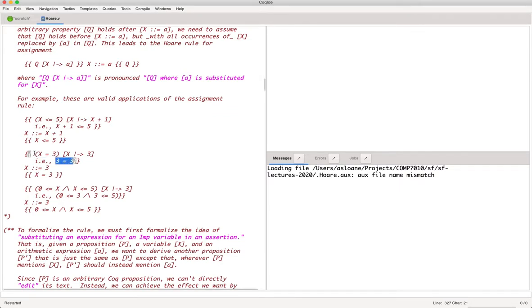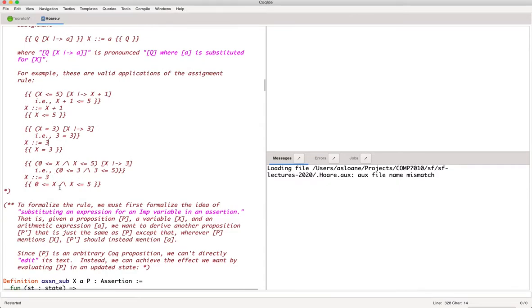So the precondition here is true, which means the starting state doesn't matter. We do the assignment, we always get x equal to 3, which again makes sense. It doesn't matter what the value of x is or any other variable. If all we're doing is assigning x the value 3, then afterwards we definitely know x is 3. And the substitution makes it clear that that's what's going on.